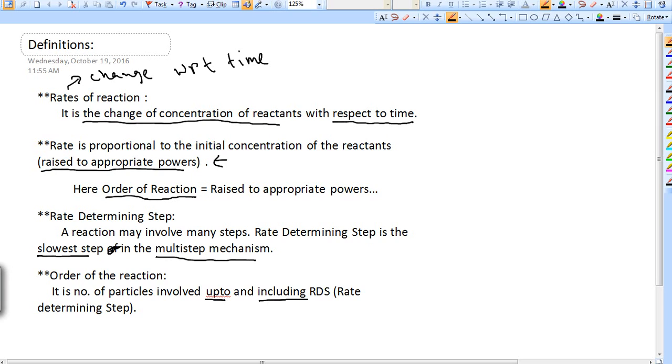You shouldn't avoid the RDS step, you should include the RDS step. So that will give us the order of the reaction. The order of the reaction simply means the number of particles involved up to and including the RDS, the rate determining step. I hope that you have understood the definitions that are required for this question.